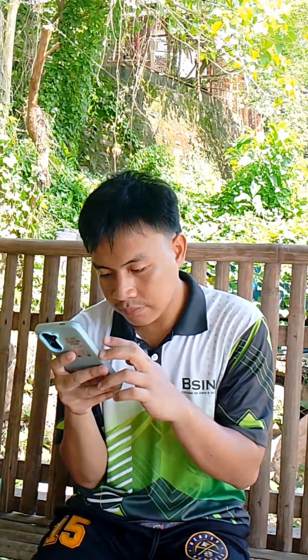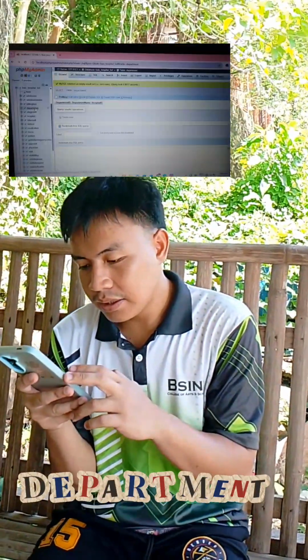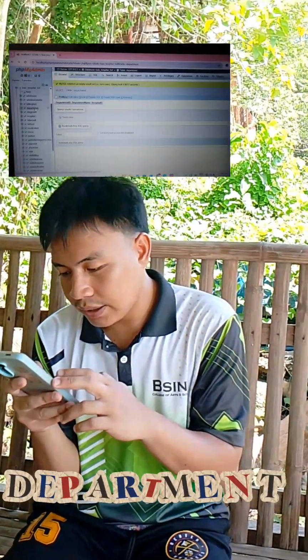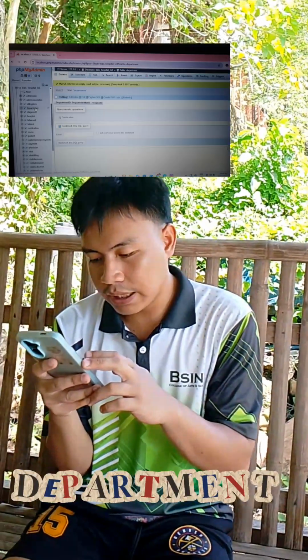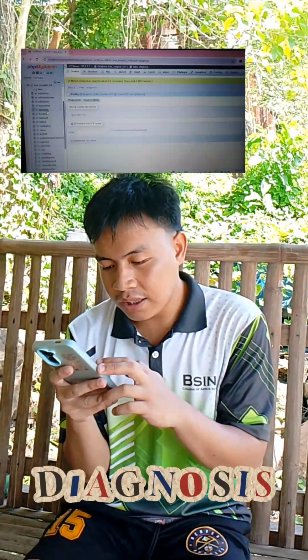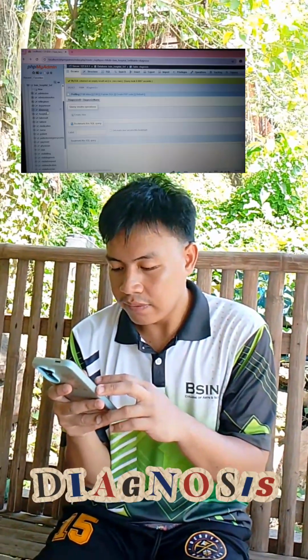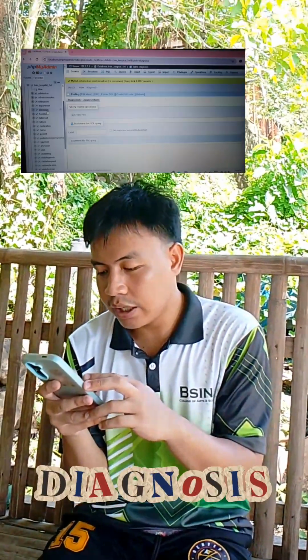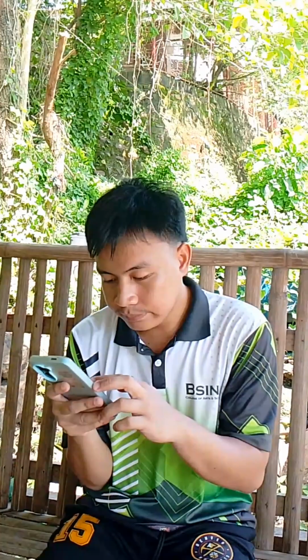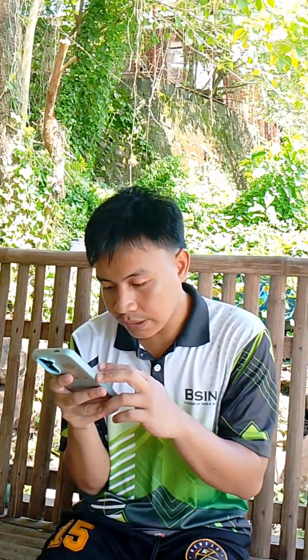Next is department. Inside the department there is a department ID, department name, and hospital ID. Next is diagnosis. Inside the diagnosis there is a diagnosis ID and diagnosis name. Next is hospital.